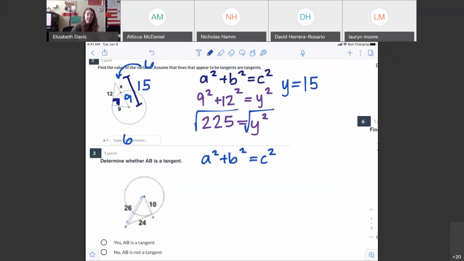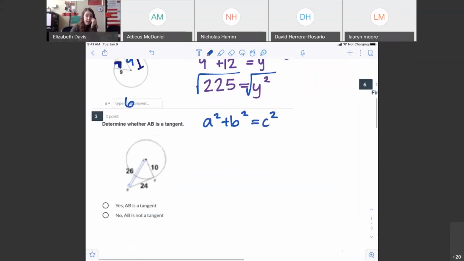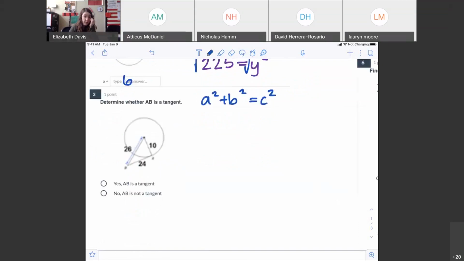Okay, so to decide whether AB is tangent or not, we want to know, does it make a right triangle? So to decide if it's a right triangle or not, we're going to put it into the Pythagorean theorem. It only works for right triangles. So if our equation is true, that means that it's tangent.